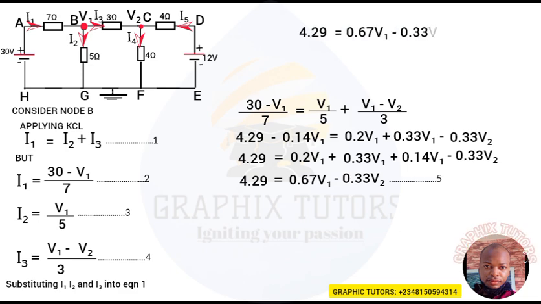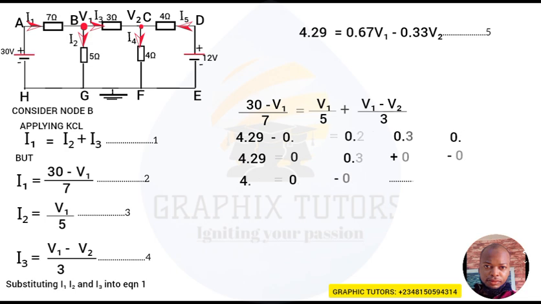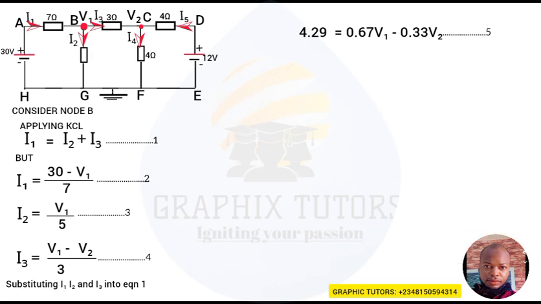Is that okay? Now, we'll go to the next one again. We'll move forward to the next one. We are going to consider node C. We are done with node B. We'll now consider node C. So at node C, we have 3 currents attached to that particular node also, which are I3, I5, and I4.